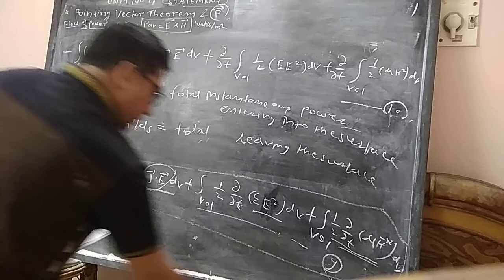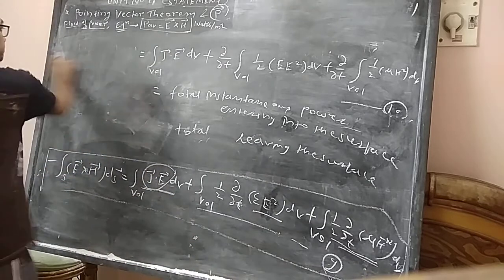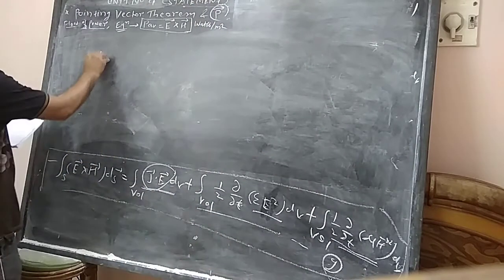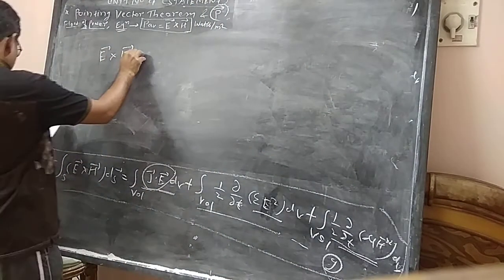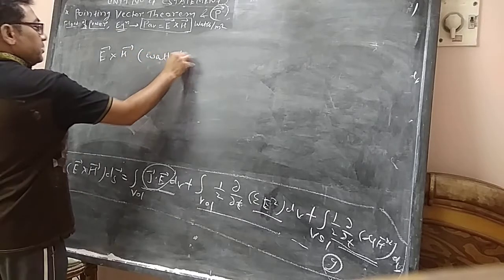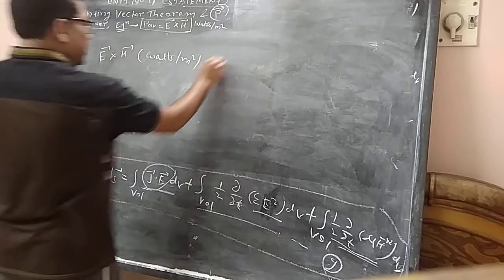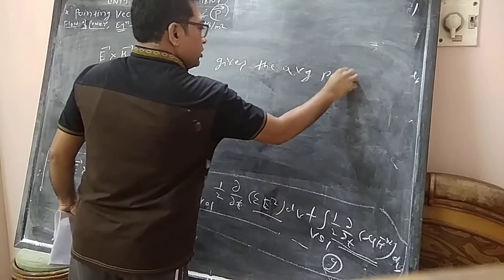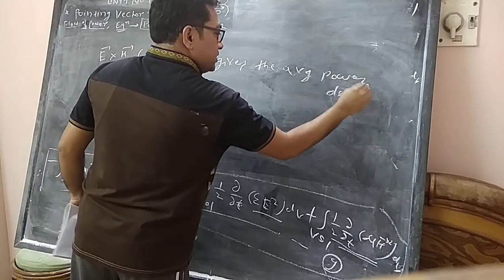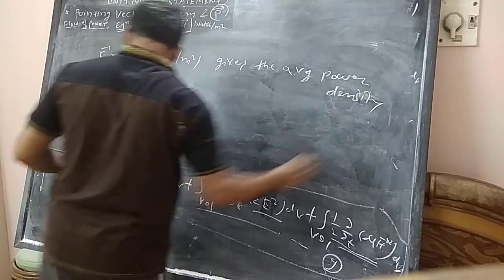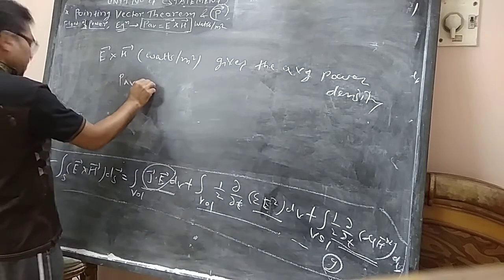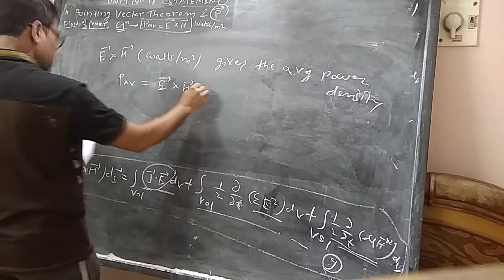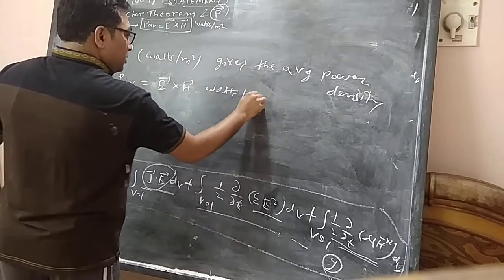So E vector cross H vector, in watts per meter square, gives the average power density, so that the average power P av equals E vector cross H vector in watts per meter square.